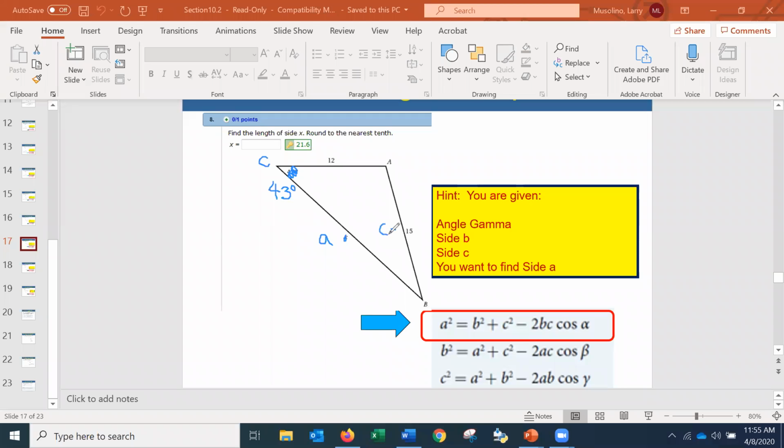Then minus 2 times B times C. We have to do 12 and 15, and the cosine of A, which we don't know. Cosine alpha, I mean. So we don't know cosine alpha.